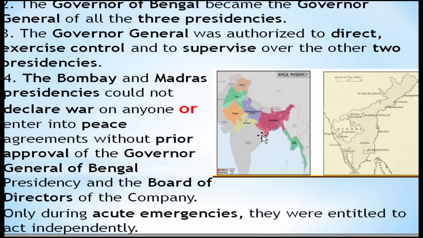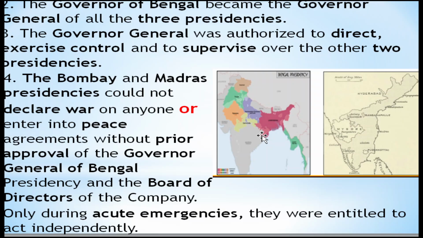Means the Madras and Bombay presidencies could not declare any war. If they wanted to enter into peace, they had to take permission from the Governor General of Bengal, and along with that, permission from the board of directors of the company.